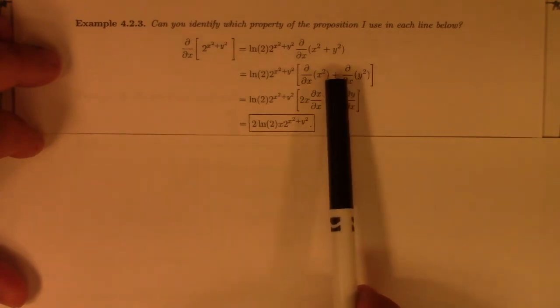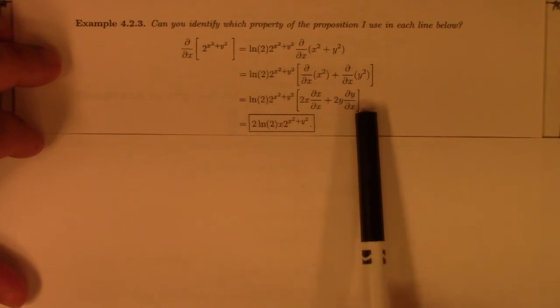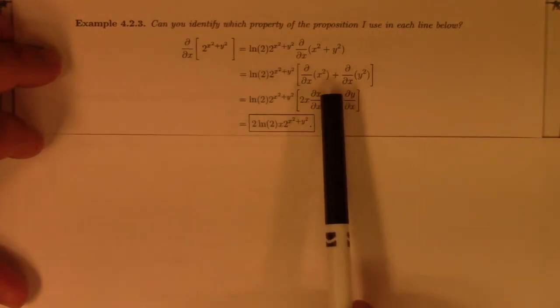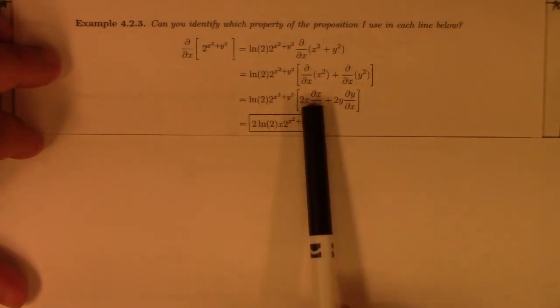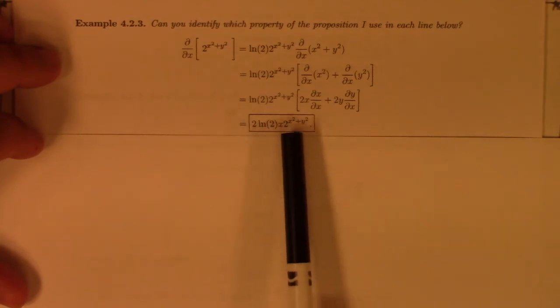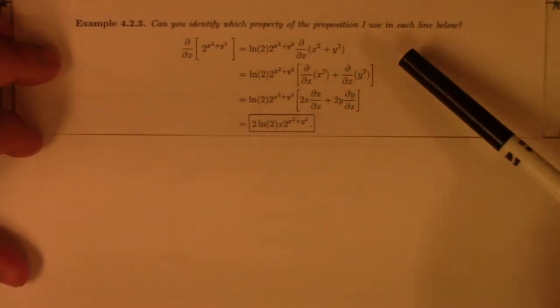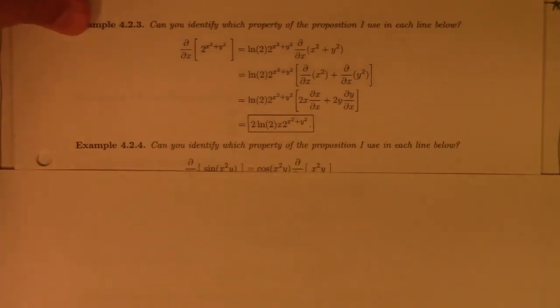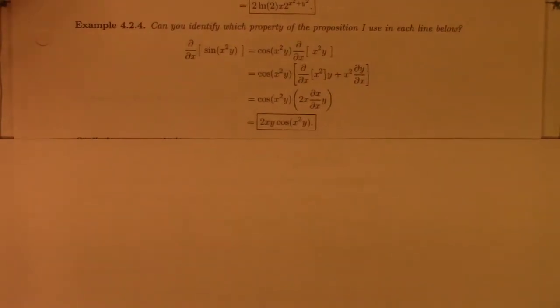And so we get 2x partial x and 2y partial x. Of course partial x of x is 1 and partial x of y is 0. So that just gives us 2x, which I have written as 2 log 2 times x times 2 to the x squared plus y squared. Now, I don't usually write these details all out when I do a partial derivative, but I'm doing it to start with because I want you to understand the logic here.